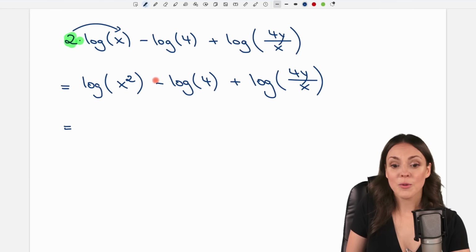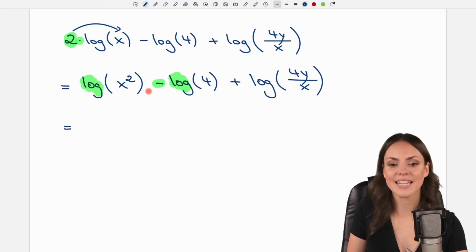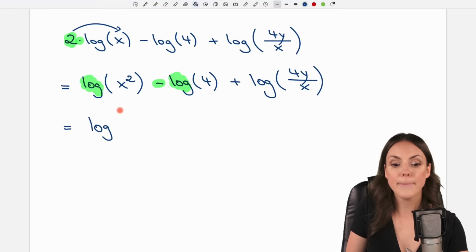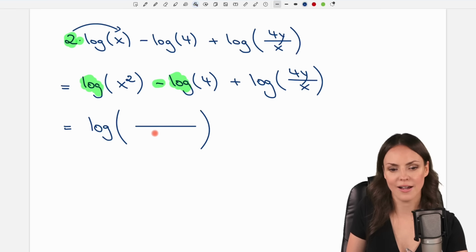Maybe now we see that we have a minus between two logarithms here. So let's combine these two. We've seen a rule how to do it, the second rule, that we are allowed to write this as one big logarithm. If we have a minus between two logs, this is going to be a fraction in a log.